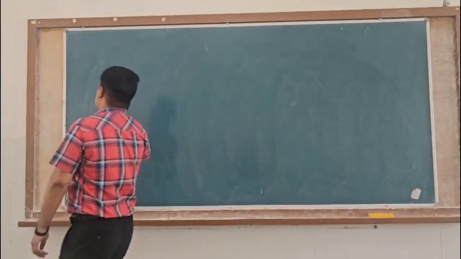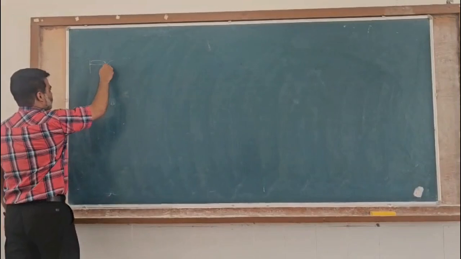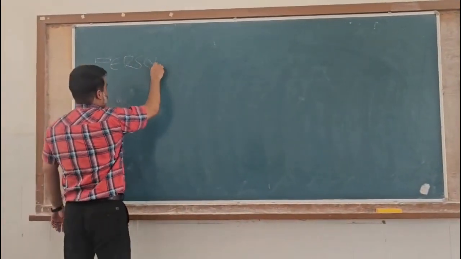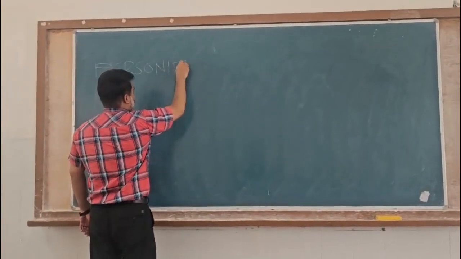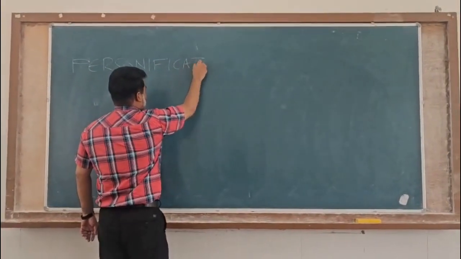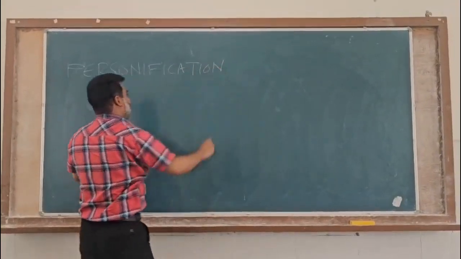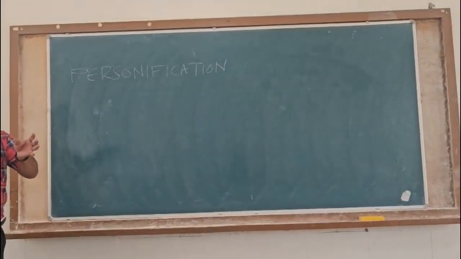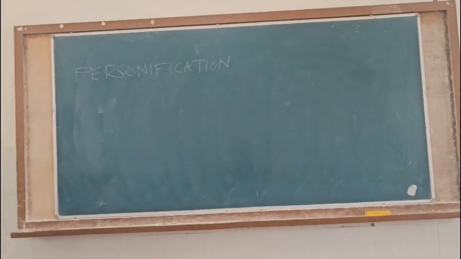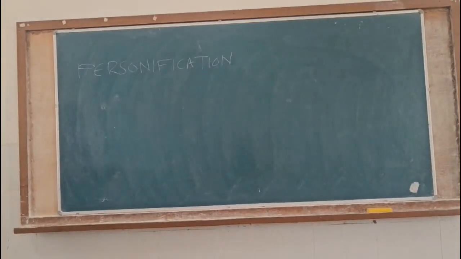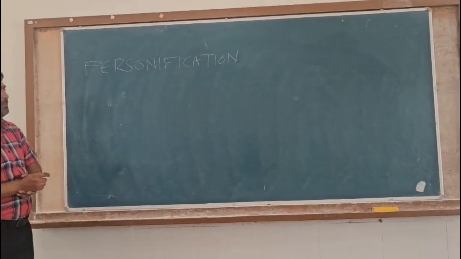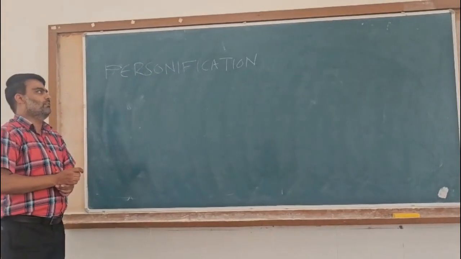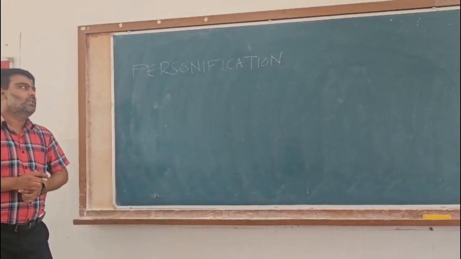This time we will have a look at what personification is. Okay, so now what is personification? Giving human traits, or we may say giving human characteristics, to non-living objects is what we call personification.